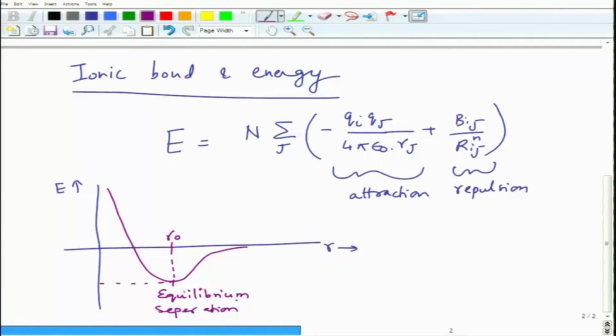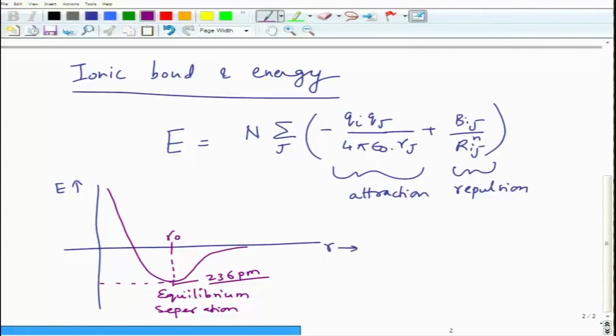This is for instance for ionic solids like NaCl. NaCl has a distance of 236 picometer between the ions, and that implies that your solid is stable as an ensemble, structurally stable, rather than isolated molecules being stable. Isolated molecules, in comparison to this curve, are going to have higher energy. As a result, they are not stable.